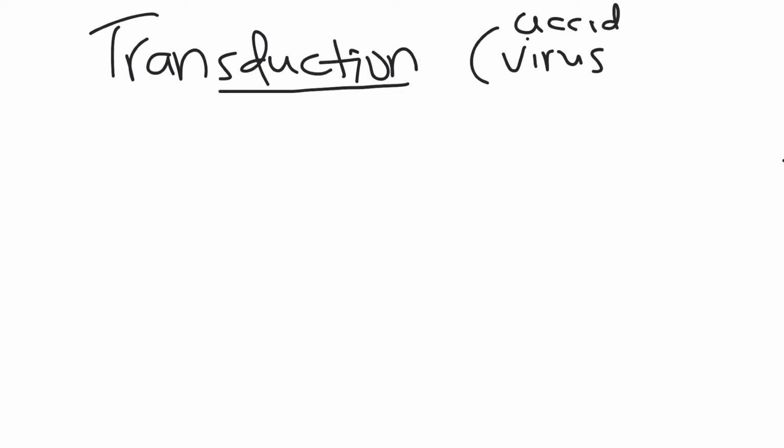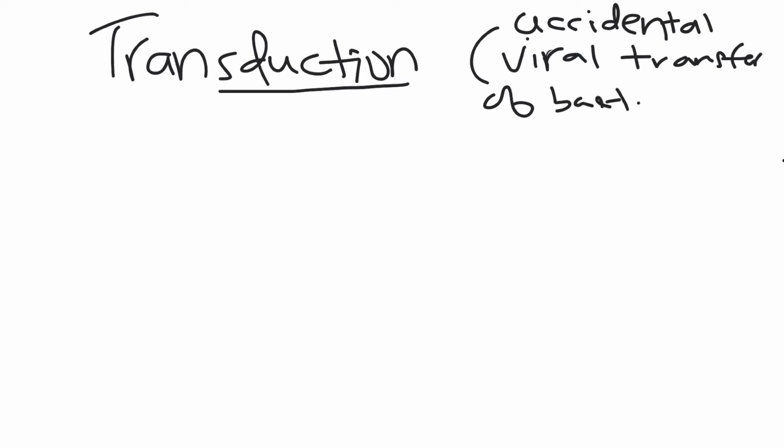Another possibility for horizontal or lateral gene transfer is called transduction. Okay, transduction. And this is involving viruses. So actually it's accidental viral transfer of bacterial DNA.